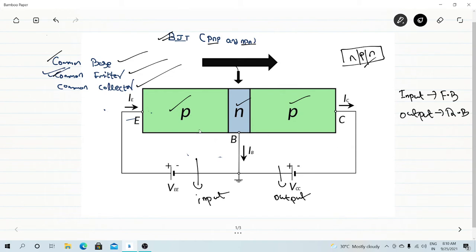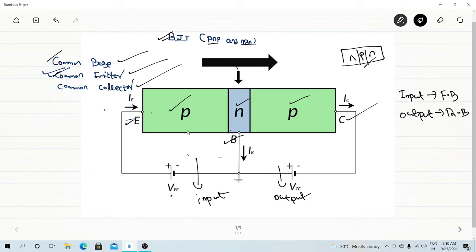So this should be forward biased. What is the condition for forward bias? Let's say the voltage that we are applying is VEE, and in a transistor we have three terminals: one is emitter, another is base, and another is collector.